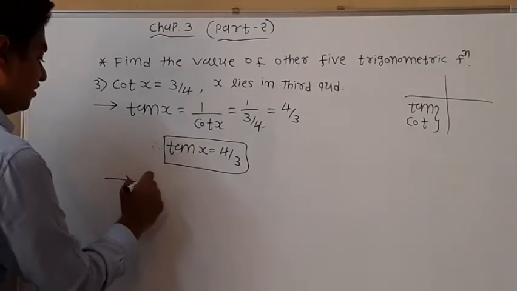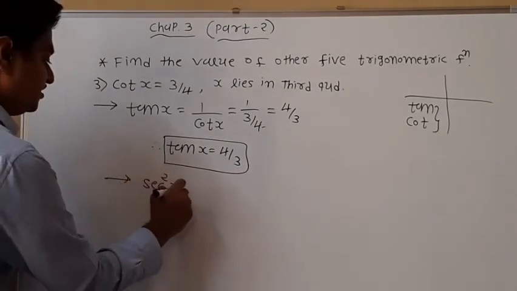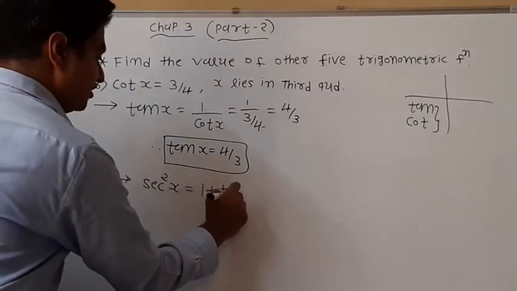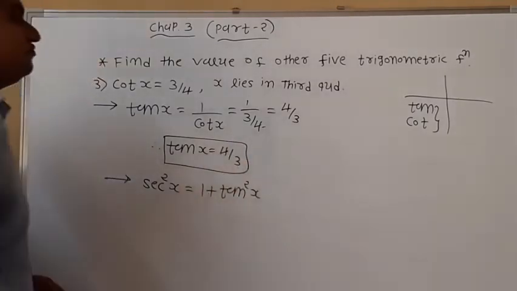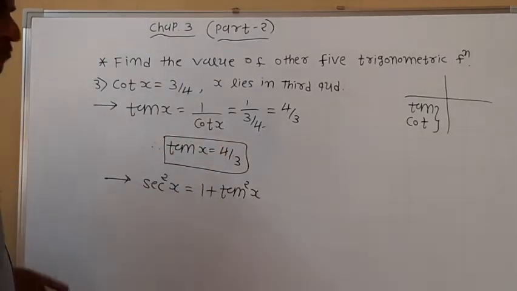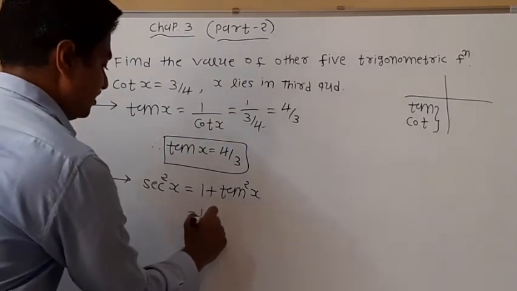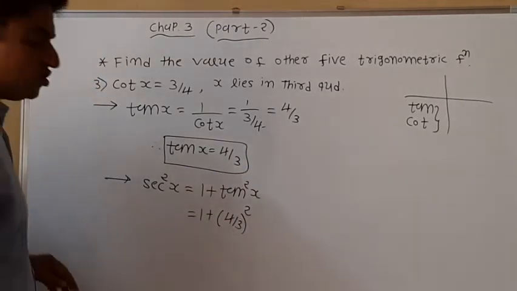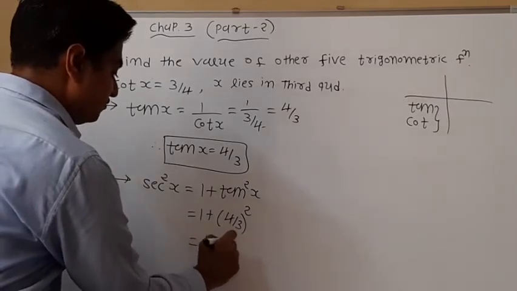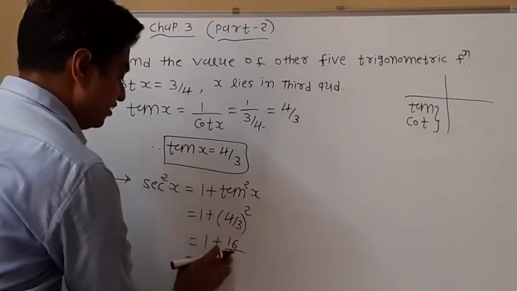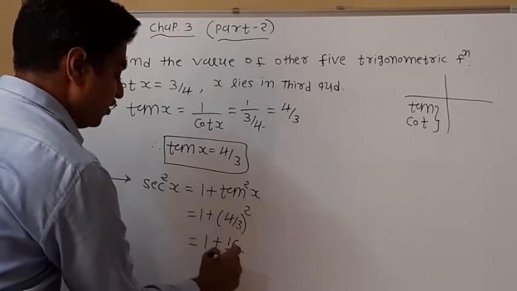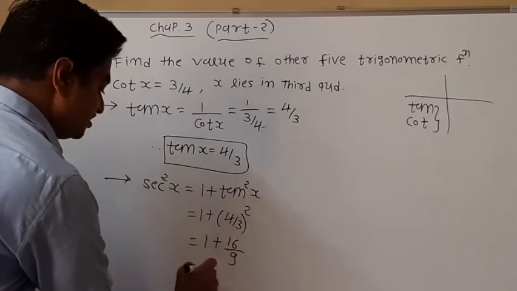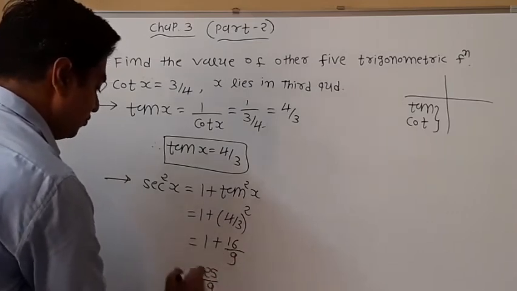Putting tan x as 4 by 3, we get 1 plus (4 upon 3) whole square, which is 1 plus 16 by 9. Taking LCM, 9 plus 16 is 25 upon 9.